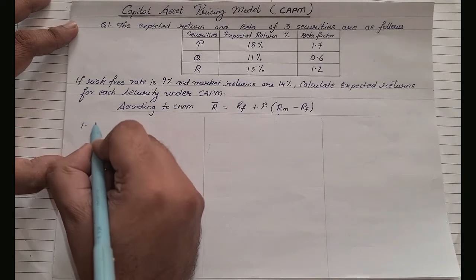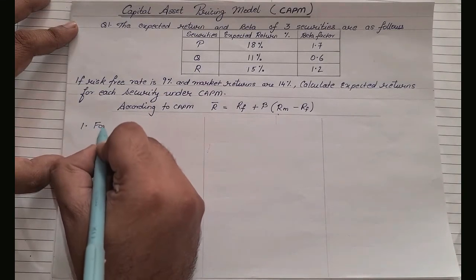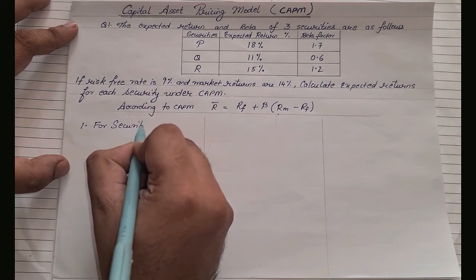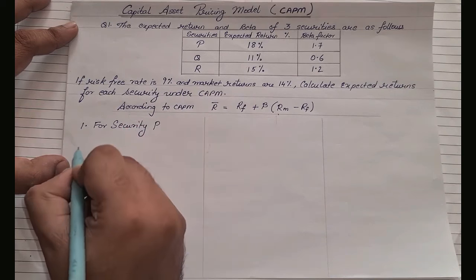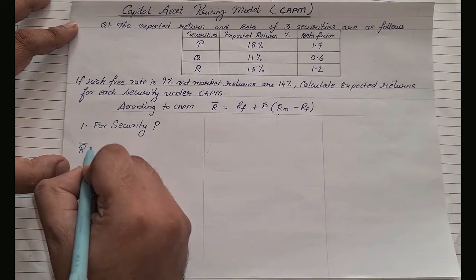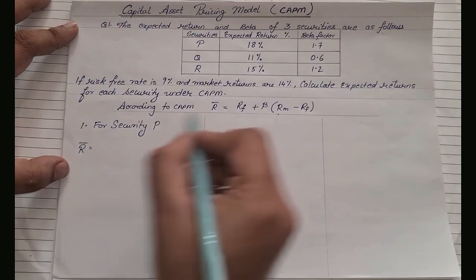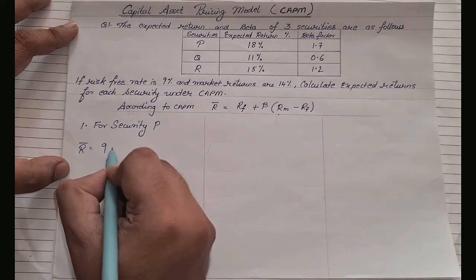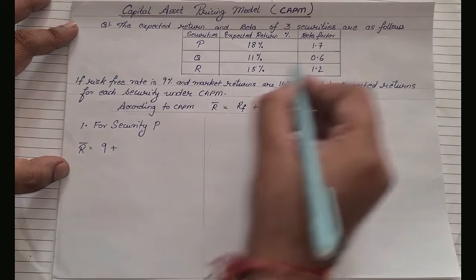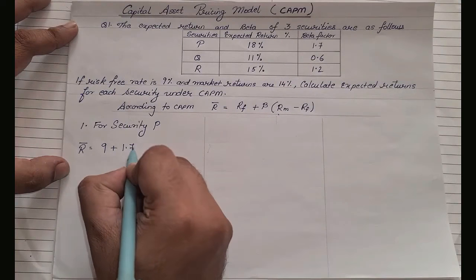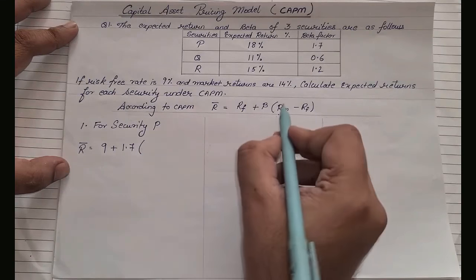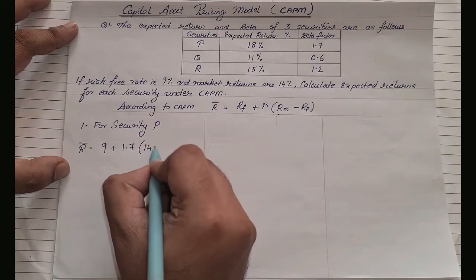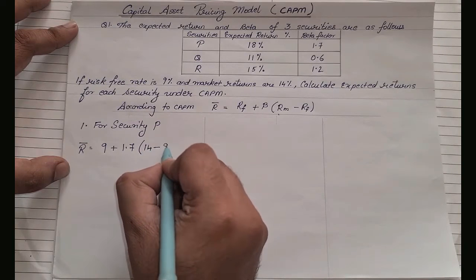So number one, for security P, the expected return is equal to the risk-free return, that is 9, plus the beta, which is 1.7, into market return, which was 14, minus the risk-free return, which is 9.